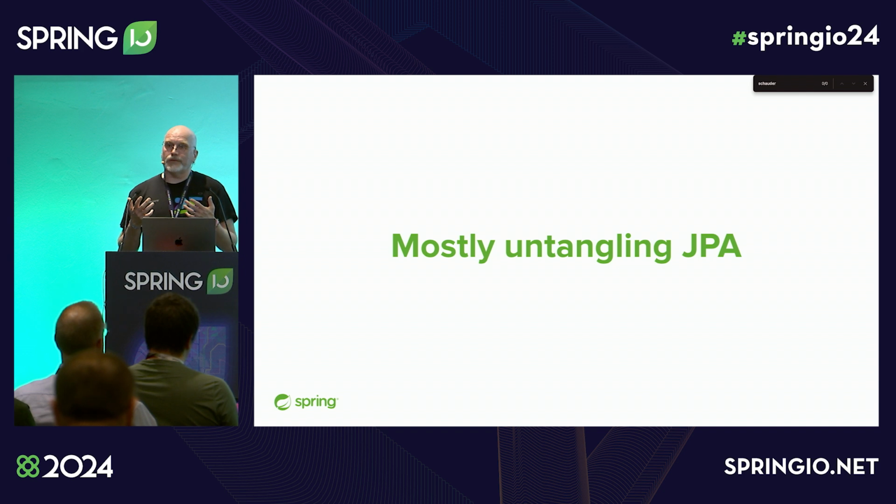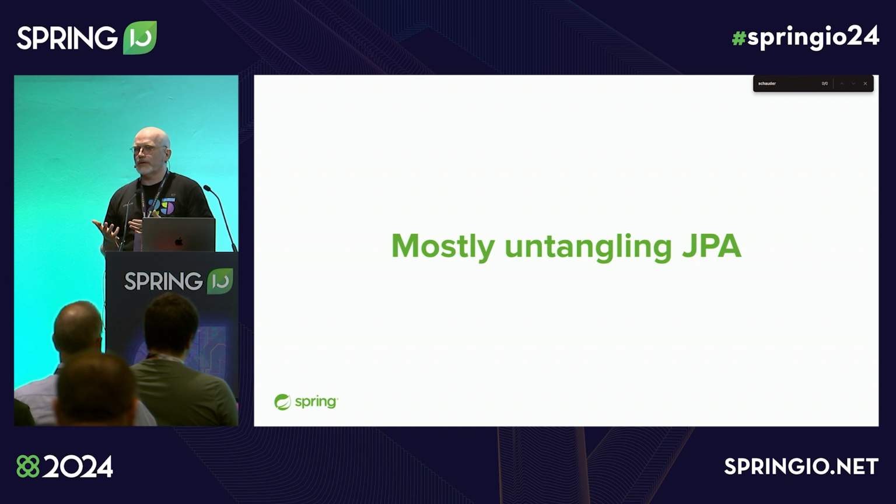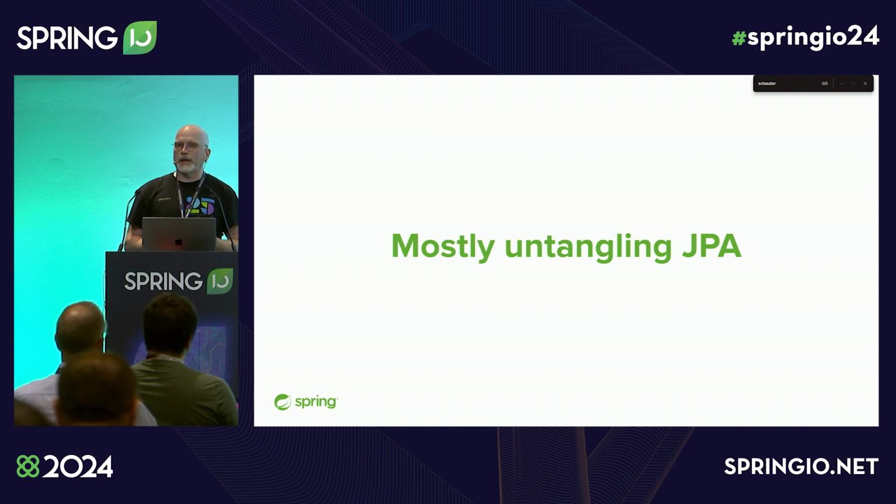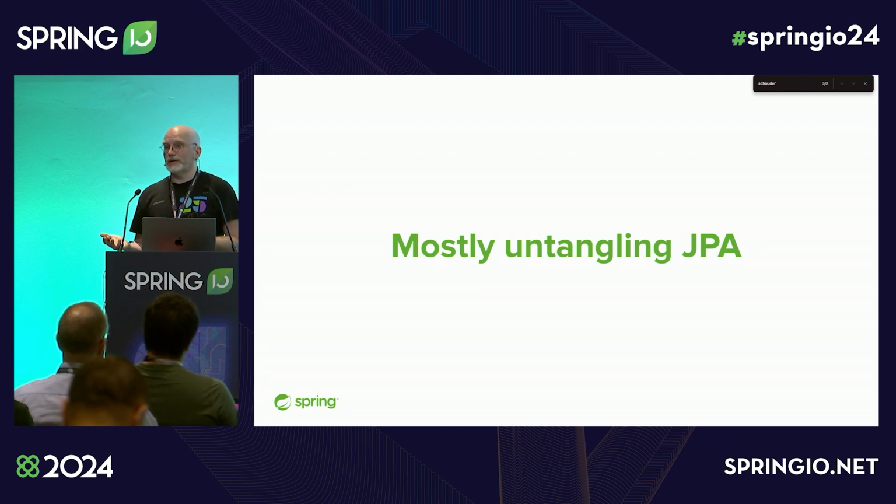Most of the stuff is untangling structures that are not really caused by JPA, because I just demonstrated you can undo them while staying well within the JPA world, but JPA allows them. And I think that's an architectural choice, possibly a mistake.